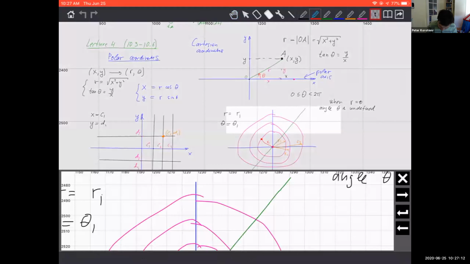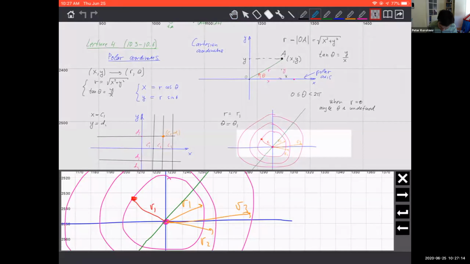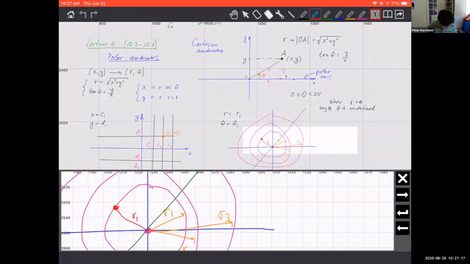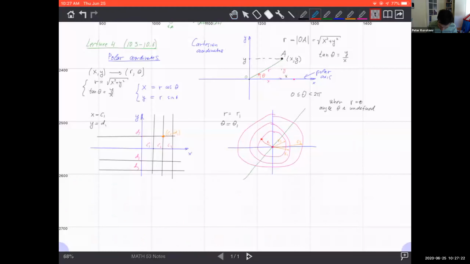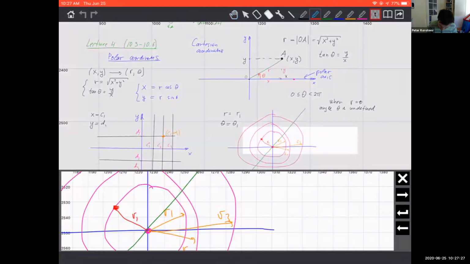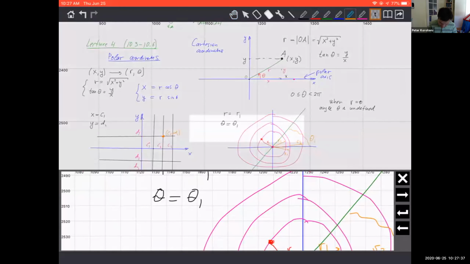right, which makes, well, now the plot is a bit overused, so let me make a separate plot. Oh, maybe it's okay, yeah, so this angle is theta 1, and then if you're going to do several of them, say theta 1 less than theta 2 less than theta 3, right?